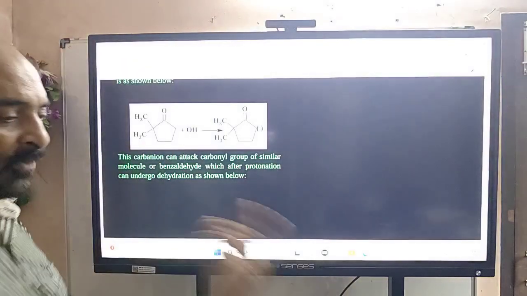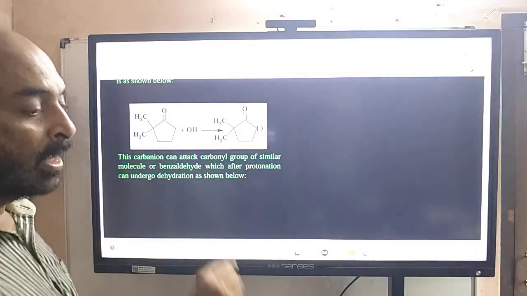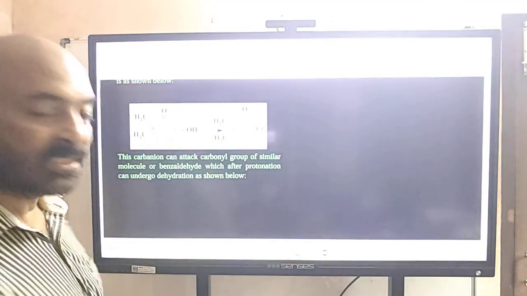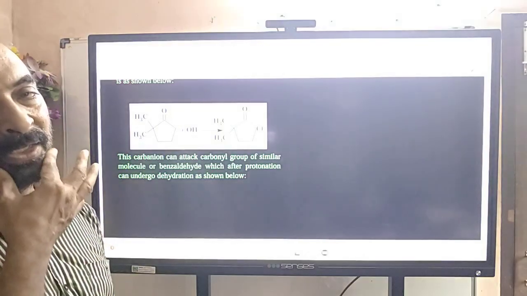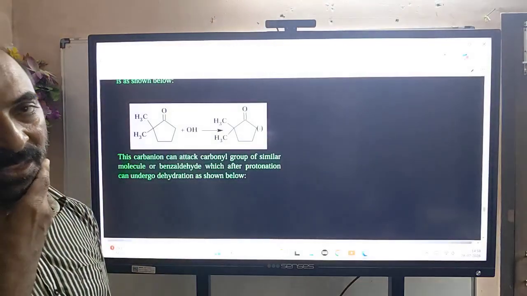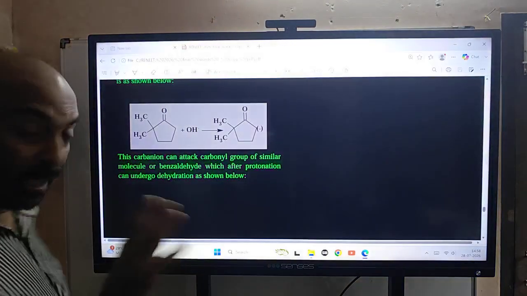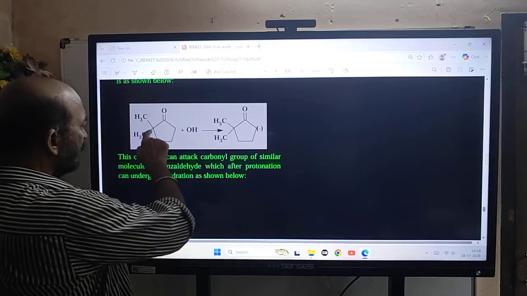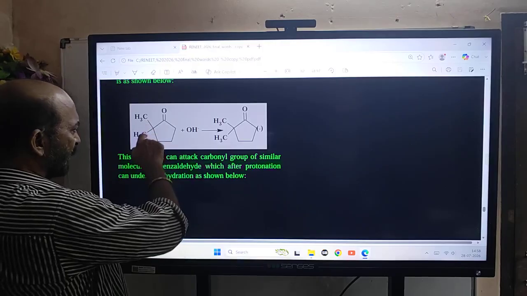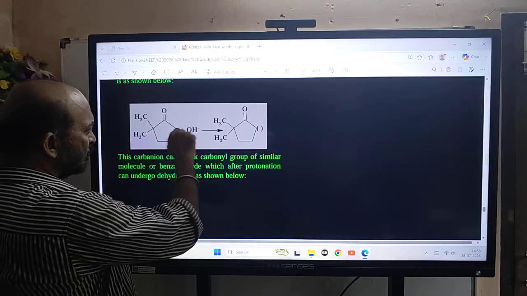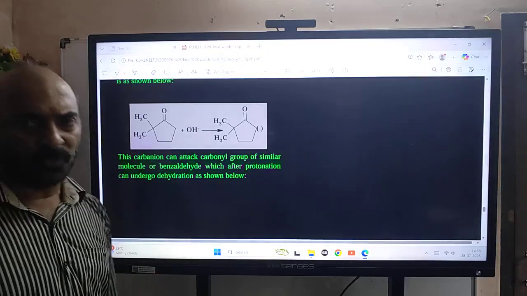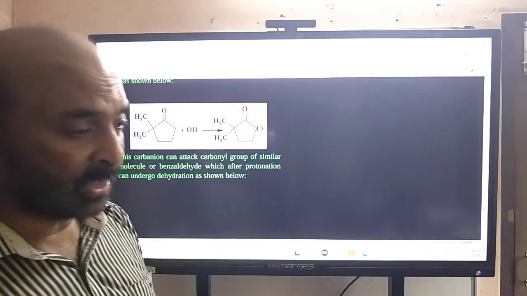Only when the carbon adjacent to the carbonyl group has at least 1 hydrogen can aldol condensation take place. Isn't it? Here, if you verify, this carbon does not have alpha hydrogen, but this carbon has 2 hydrogens. So, from this a carbanion can be formed, which is required for aldol condensation.